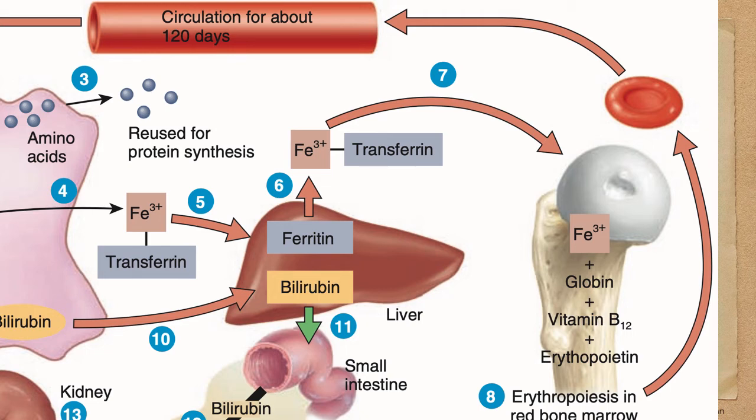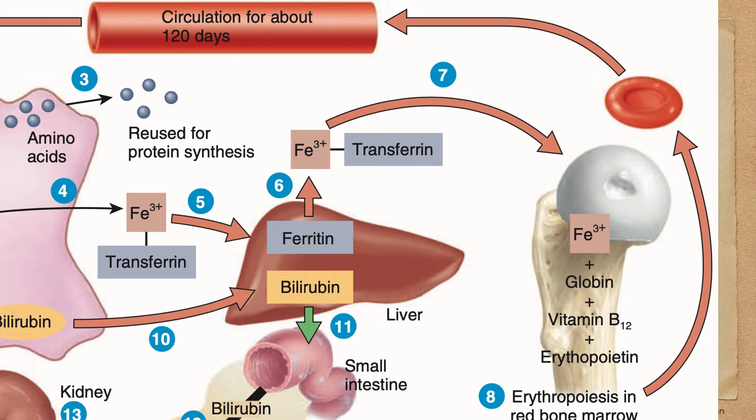As you can see, they mix the iron and the globin together with vitamin B12. I hope you can see the one below. So vitamin B12 is also needed for the synthesis of hemoglobin. Then erythropoiesis in the red bone marrow results in the production of the red blood cell, which enters the circulation later as it matures.